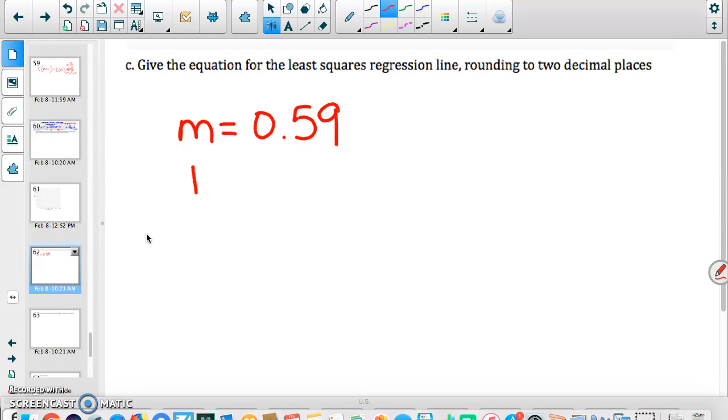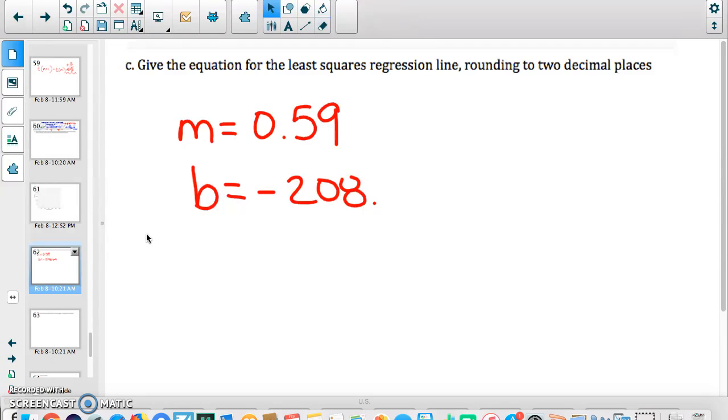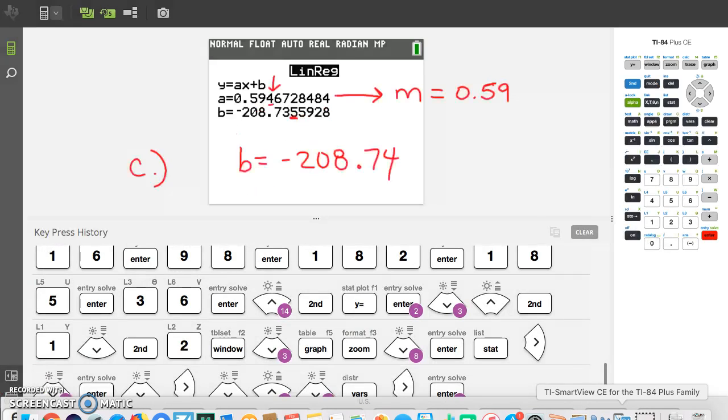And my y-intercept was negative 208.74. Let me double check. Sorry, I'm going between my paper and my calculator. Yep, okay, 0.59. Yeah, okay.